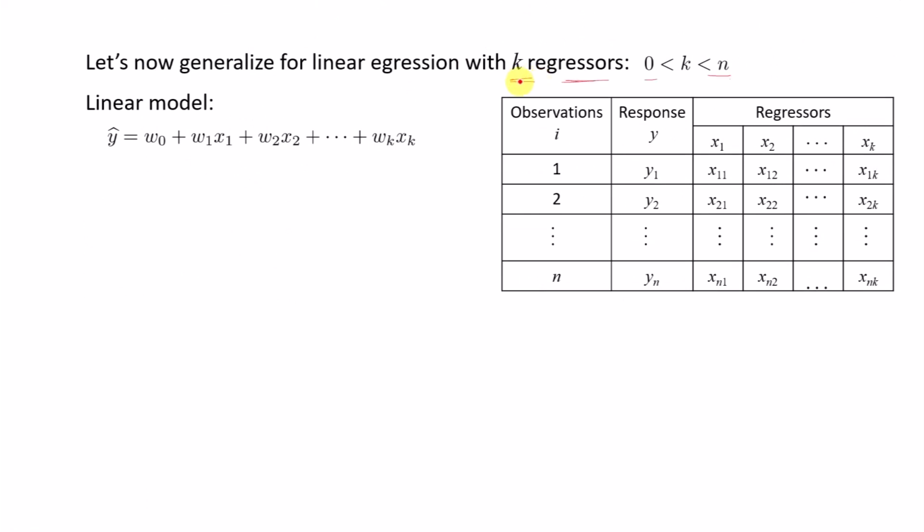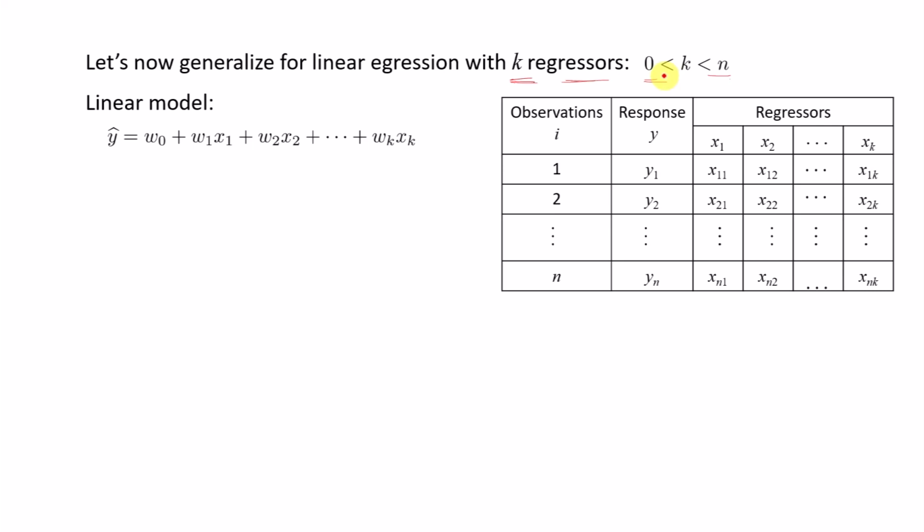Let us now generalize this idea with k regressors, where k goes from 1 upward. For k being 1 or 2, this is within the realm of simple linear regression. When k becomes 3, that is the case we have just discussed. And when it becomes more than 3 or maybe large in number, for some practical problems, k may go into hundreds or even thousands.